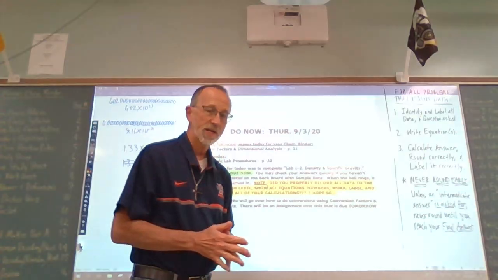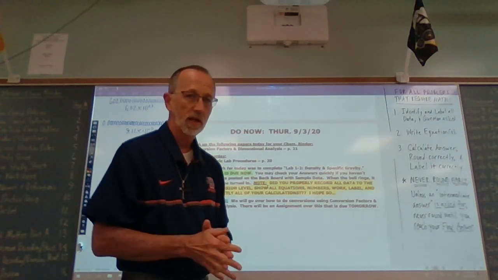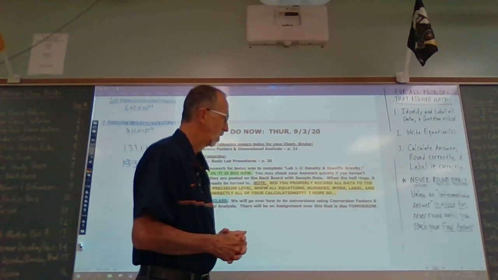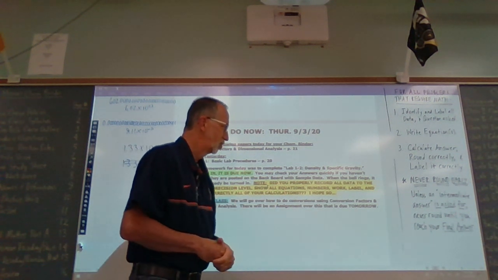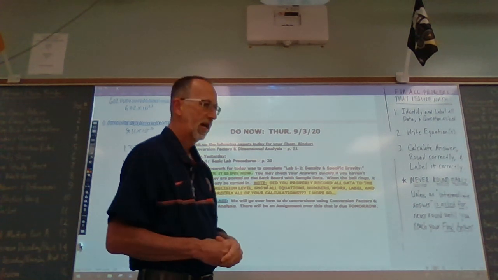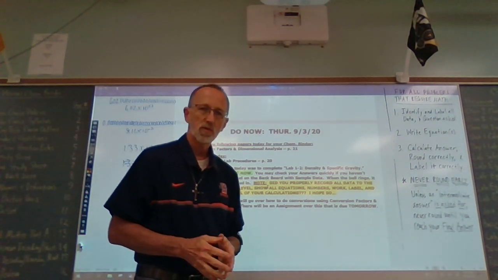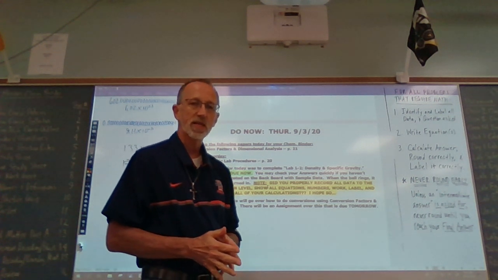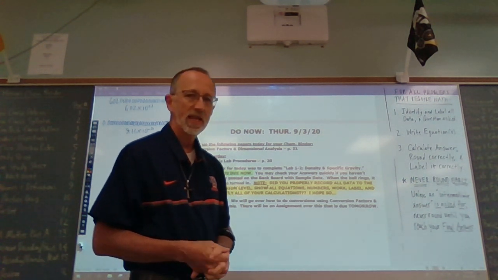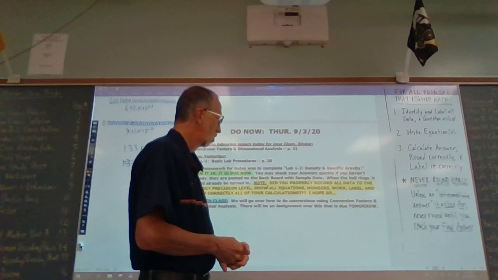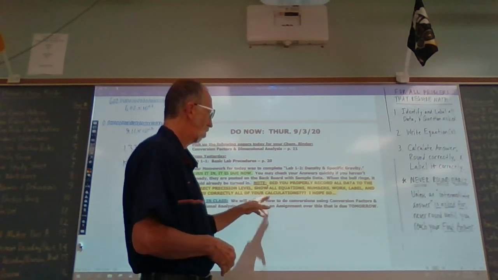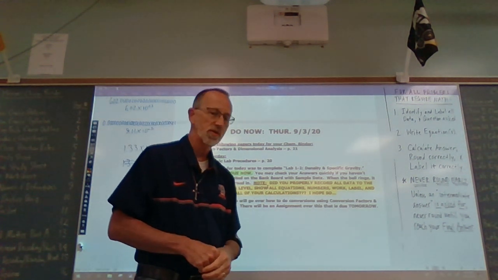Now, I provided you with the answer key either here or online on my answer keys page, but I made a note here. Did you properly record all your data to the correct precision level? Did you make sure that you were aware of what the smallest marking was on each of your measuring devices and that you then rounded those measurements accordingly? Did you show all equations when you did your calculations?